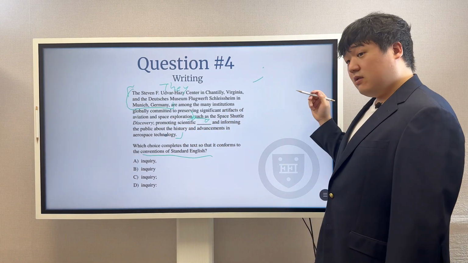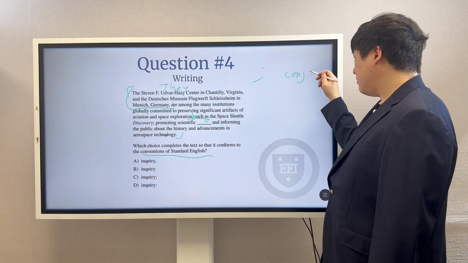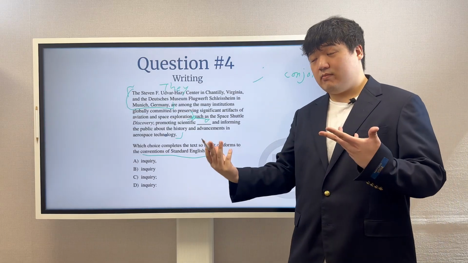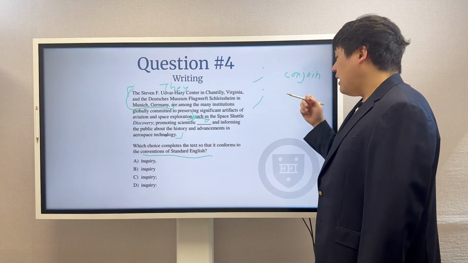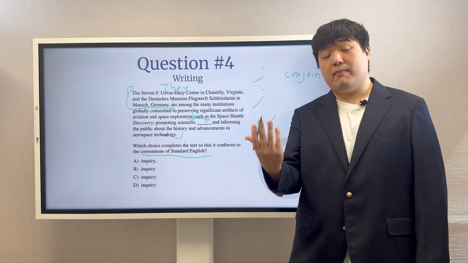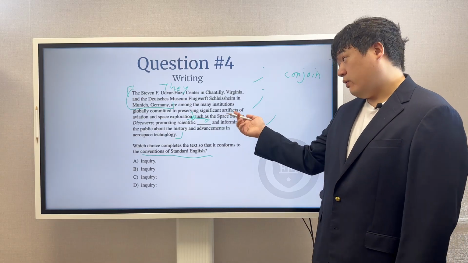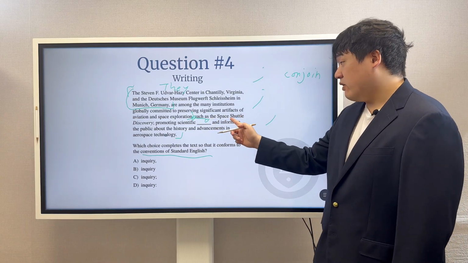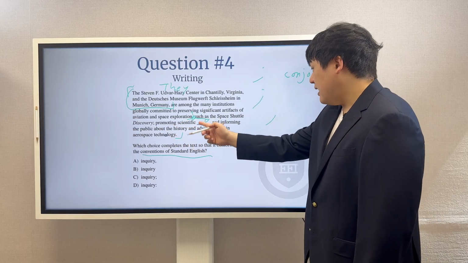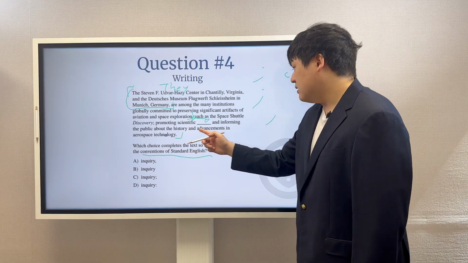The semicolon can be used to either conjoin sentences, in which case we're conjoining two full clauses, or it can be used in replacement of the more traditional comma when we're dealing with a complicated list, which here we have. "The Space Shuttle Discovery," okay, that seems simple, but what's next? "Promoting scientific blank and informing the public about the history and advancements in aerospace technology."